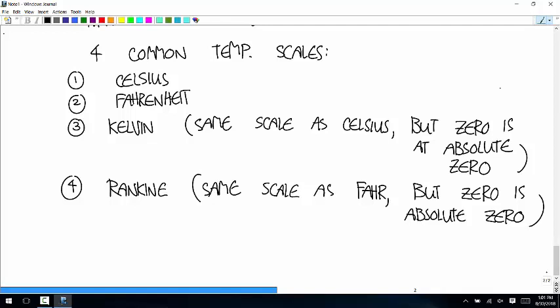Okay, so like I said, we have to differentiate between them. If everybody just used Kelvin and Rankine, that would be the easiest thing. But we don't get to control that because other people are going to give us measurements and we don't control what they've measured in.